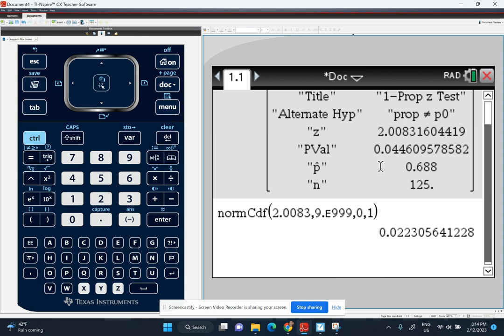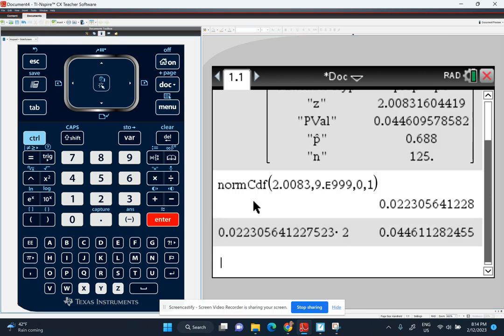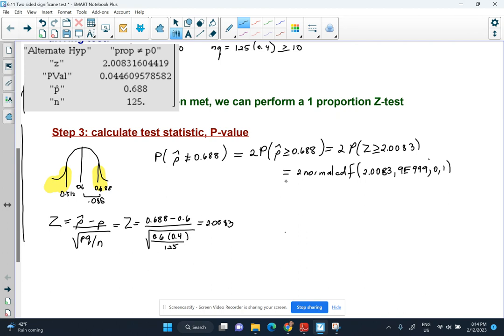Now, the reason why it's not matching the p-value is I didn't double it, so we're going to have to double it. And if you see, aside from rounding, it's pretty close. So our p-value is 0.0446. And I'm expecting you to calculate the p-value and write this up this way for the upcoming test.